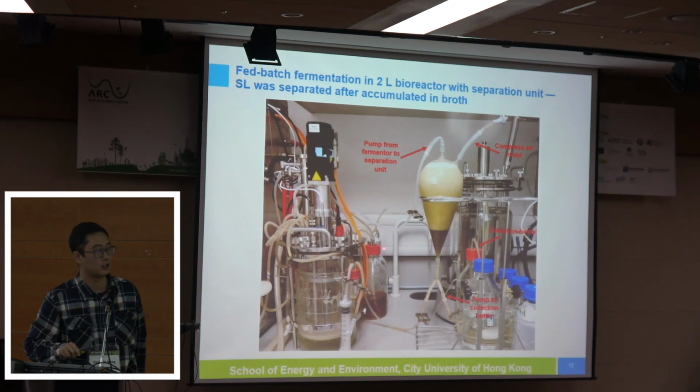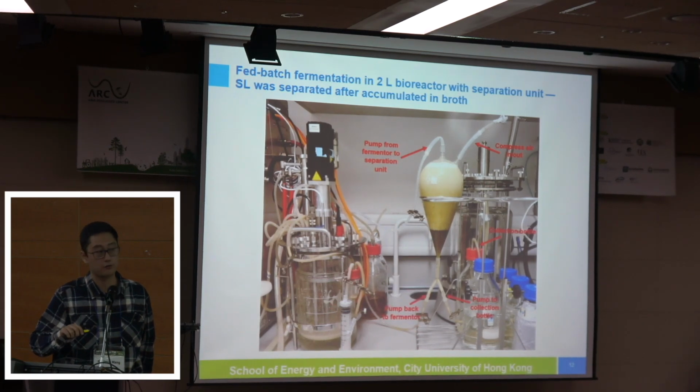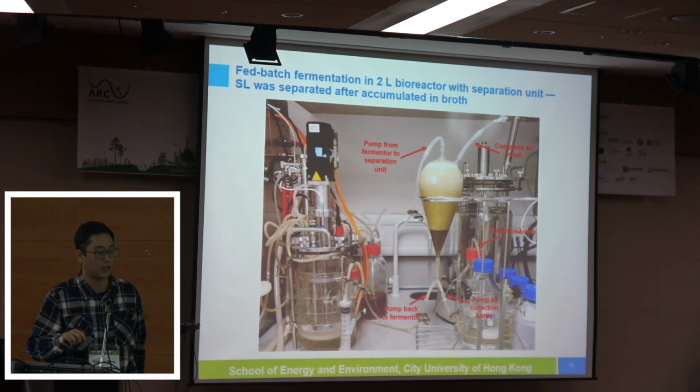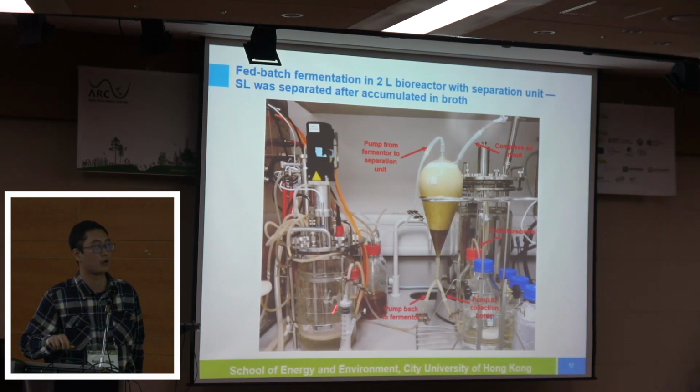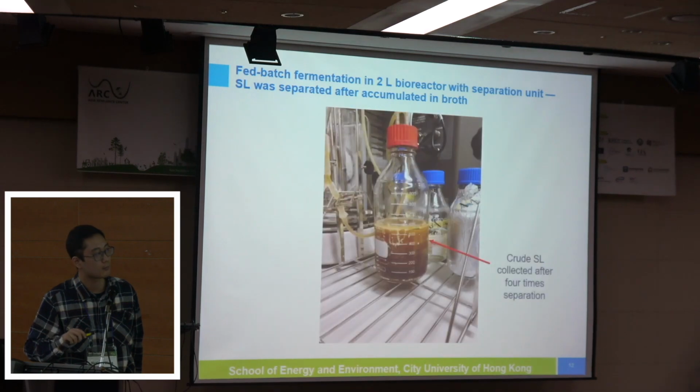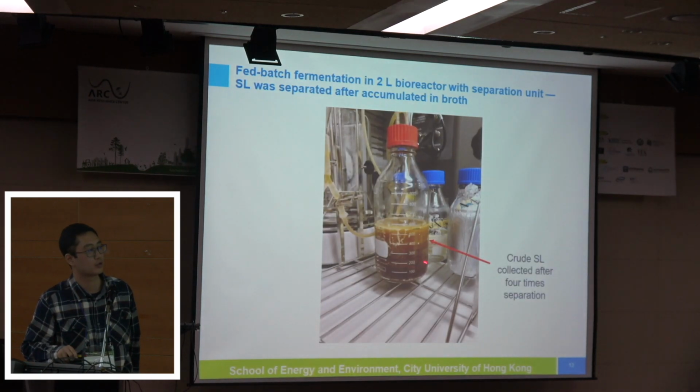Then after the product is pushed out, we push back the fermentation broth to the fermenter, and we feed fresh glucose and oleic acid to let it produce our product again. Here is a picture of the crude sophorolipid we collected from the fermentation.